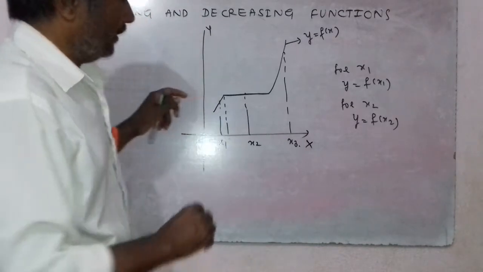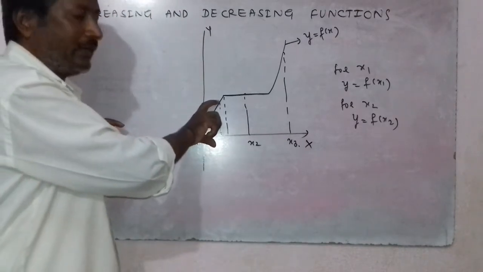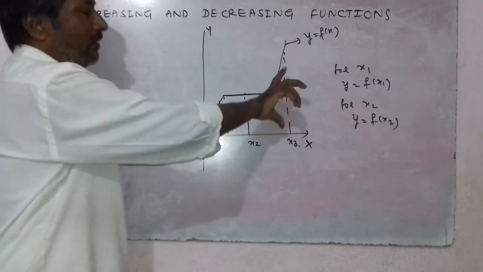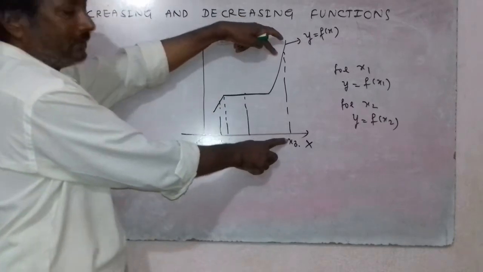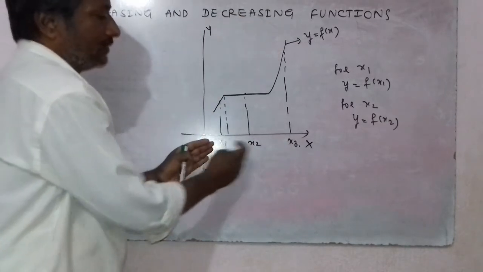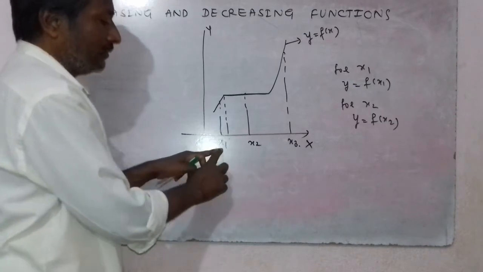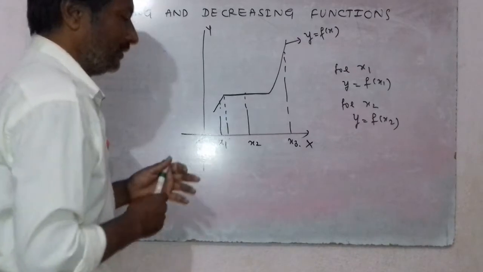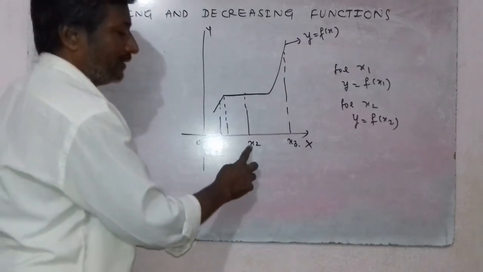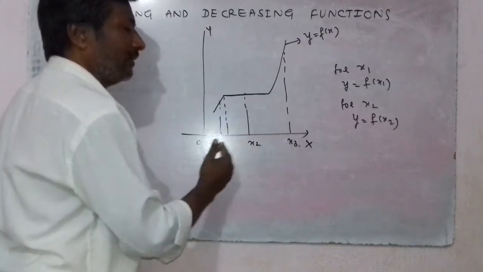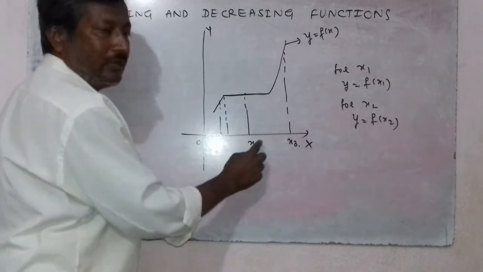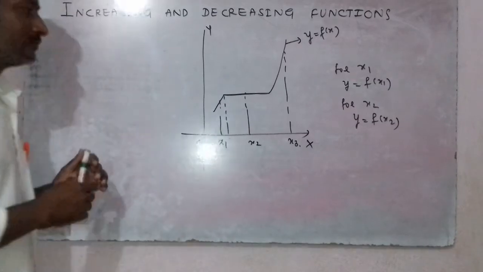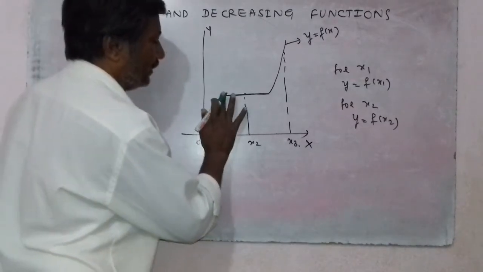For x1 the height is this much, for x2 the height is this much, and for x3 the height is this much. So x1 is less than x2, x1 is less than x3. These values are smaller compared to the next values.